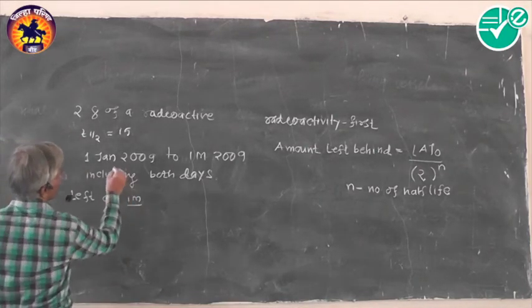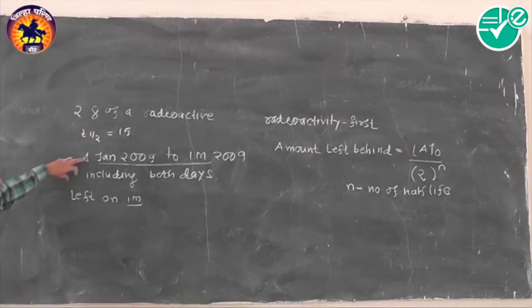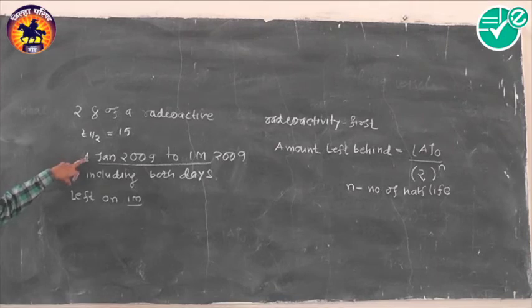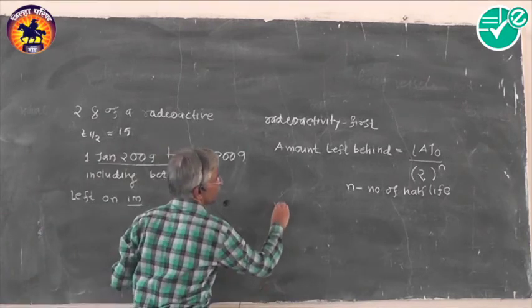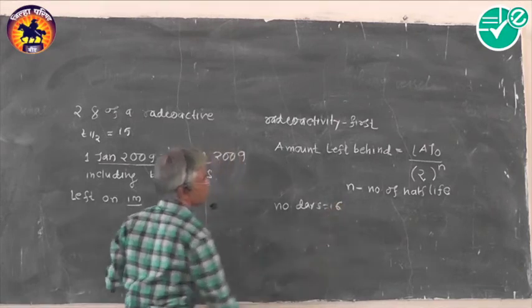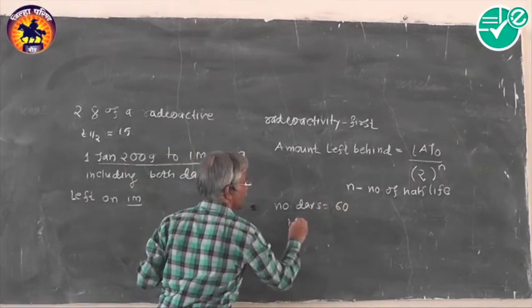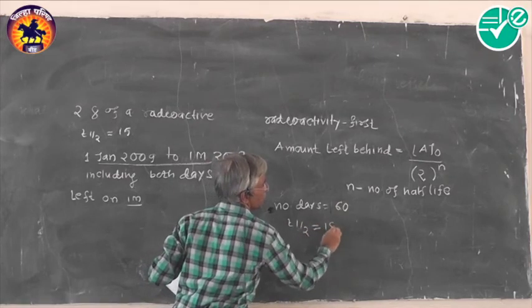Here, T half is given as 15. Now the number of days in between: January has 31 days and February can be 29 days, 31 plus 29, plus the first day of March because it is to be included. Therefore, the number of days is equal to 60. T half is equal to 15.